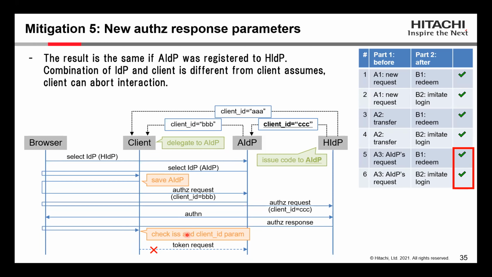Oh yeah, I think so too. If we can check the ISS parameter correctly, maybe the client ID parameter check is not mandatory here, I think. Yeah. Good.